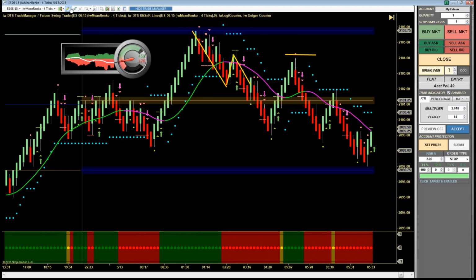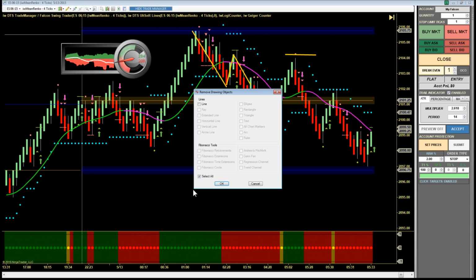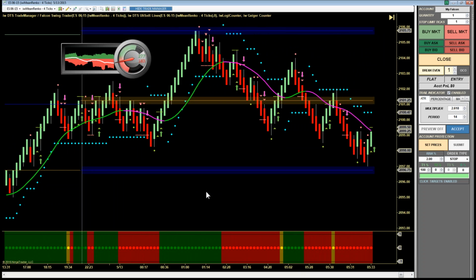I know a lot of people like when they're trading things like pivots and things of that nature, they'll simply trade crossovers. And you have to have a little bit more of a scalping mentality when you're doing this sort of thing, because there could be reactions.